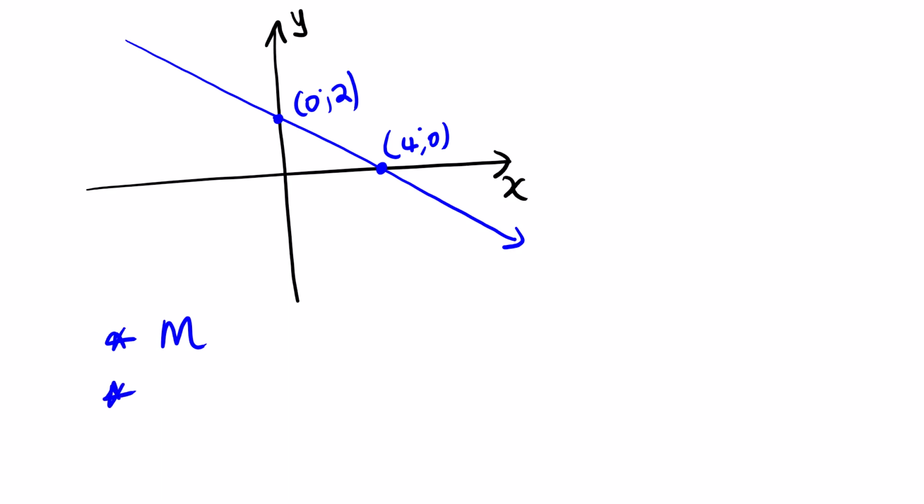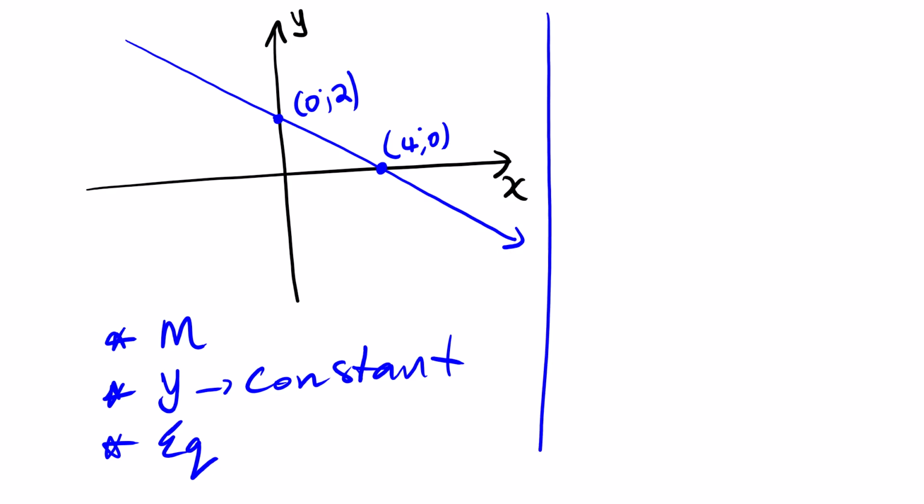Then the second step, we can simply use the linear equation to generate the equation, or we can start by calculating the y-intercept, which is our constant. And then from there we can conclude and give out the equation. 3 steps.